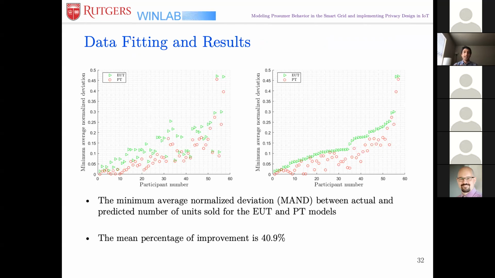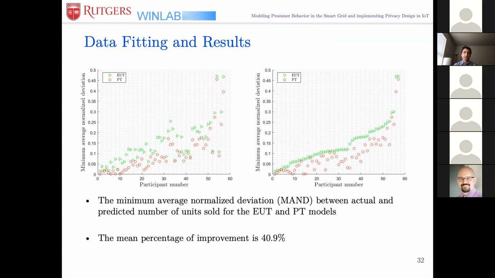The plots demonstrate that the PT model outperforms EUT in terms of predicting prosumer behavior. The mean percentage of improvement of PT is about 40% over EUT.